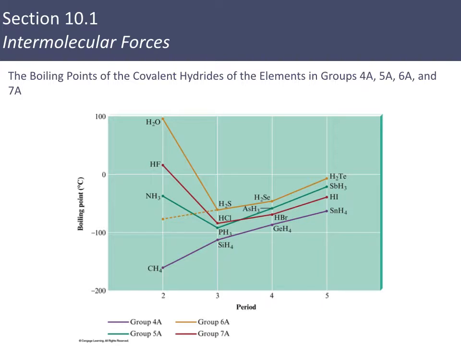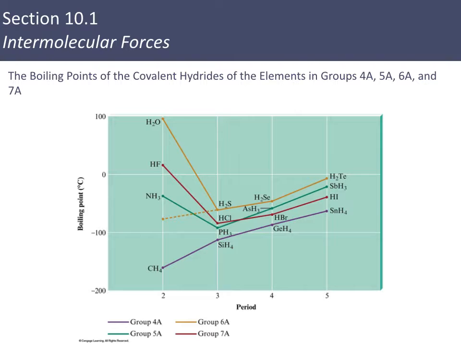One would expect that the boiling point would increase with increasing molecular mass because there are more electrons in the molecule, more polarizable stuff in the cloud, so they have stronger intermolecular forces, but that's not how it works, and the reason why is because of hydrogen bonding.